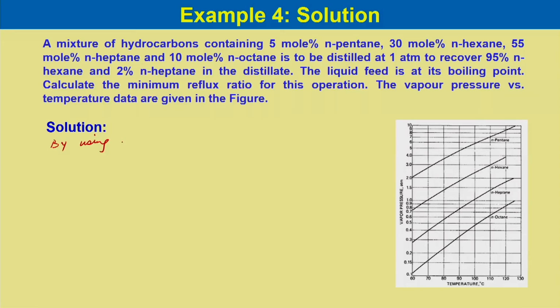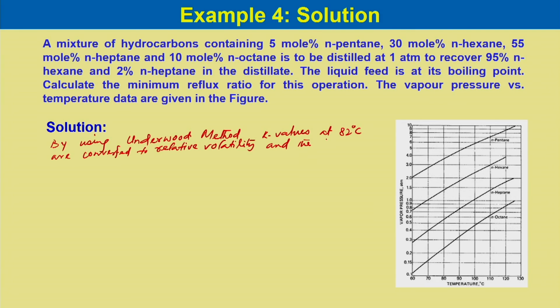Now, by using the Underwood method, K values at 82 degree centigrade are converted to relative volatility, and the theta value between 1 and alpha is found by trial.